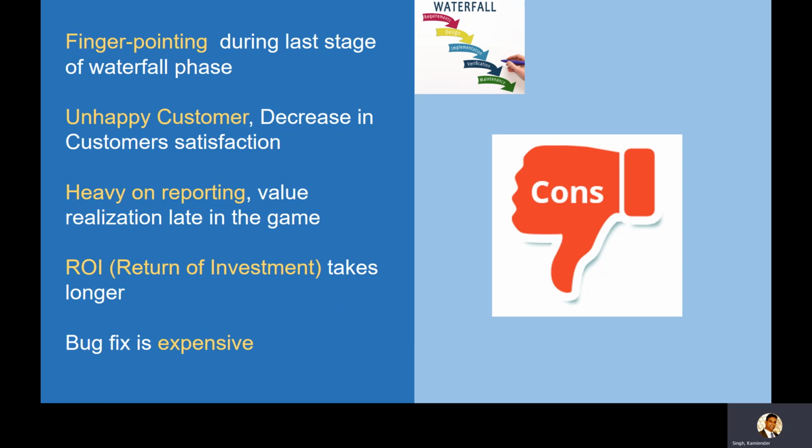So hence this requirement communication gap, I would say, will basically build across all these teams or all these phases, and when we actually start to test the project, we see that no, this is not what we asked for, or I have asked this differently and you have implemented that differently. So finger pointing starts, unhappy customer.